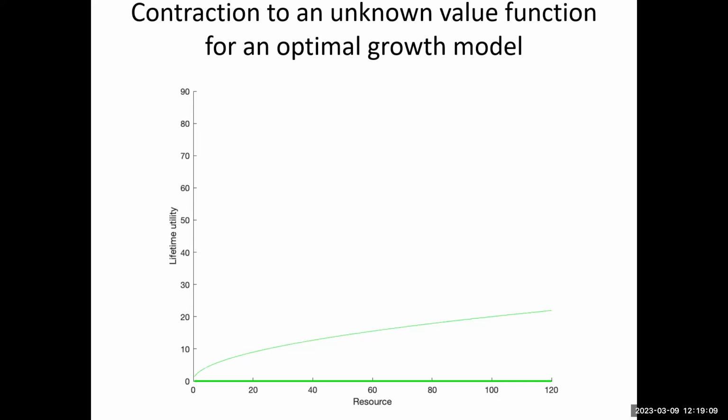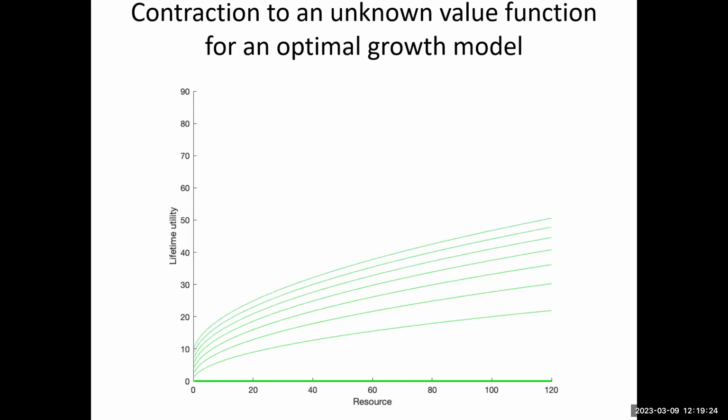Again, starting from the horizontal axis, we see that the next iteration gives us a positive intercept and a positive slope. The curvature never just goes away, however, because of the concavity of the utility function.